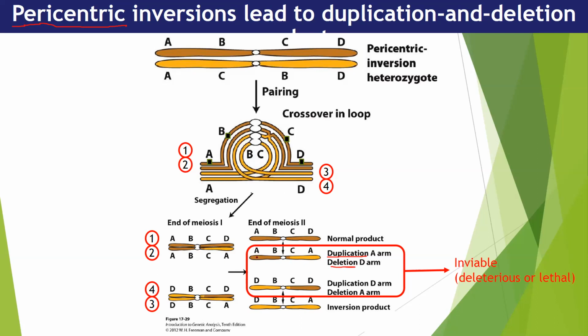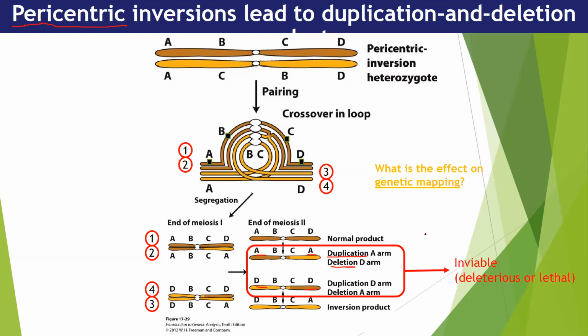As you can see here, for a pericentric inversion, in the inviable gametes you're going to see both the deletion and the duplication. For example, for this one, D is deleted. For this one, D is duplicated, but A is deleted. So this is one feature of the pericentric inversion example.